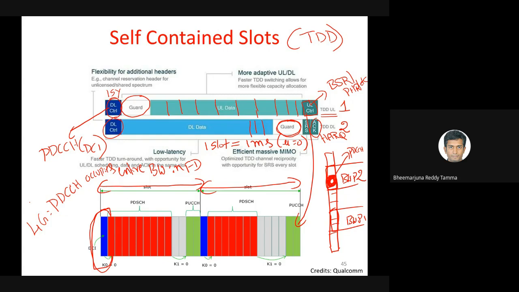And if you are doing the scheduling at every 500 microseconds or even 250 microseconds, the TCP ACKs from the user will be coming at a much faster rate compared to what we have in 4G and even in Wi-Fi. So these self-contained slots are also quite powerful, and they help 5G to realize various time-critical applications.